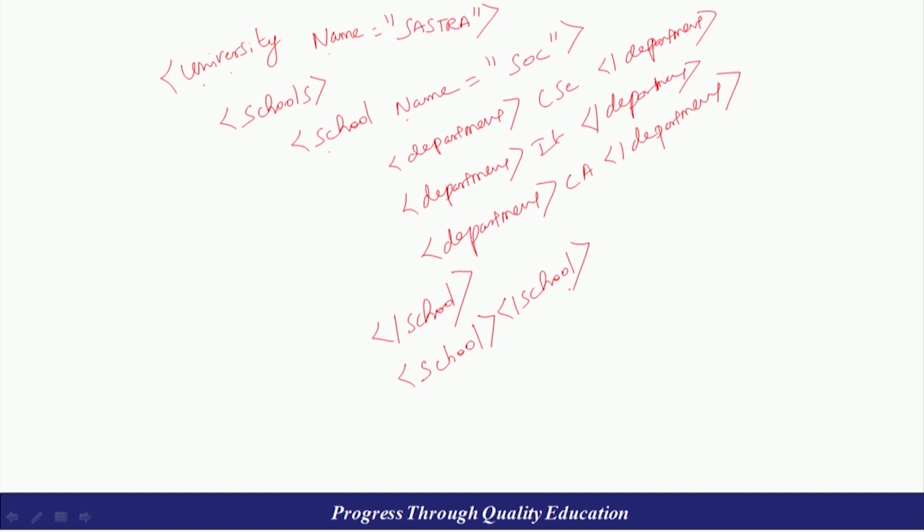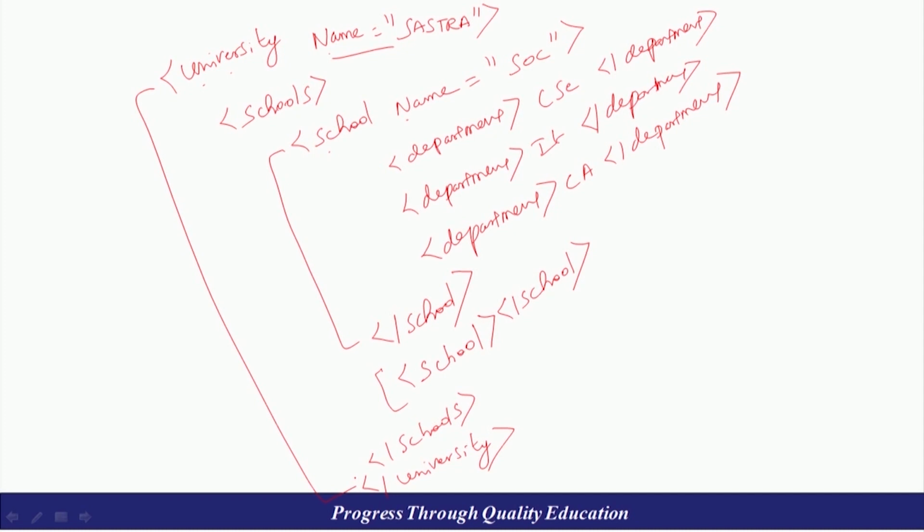I have this is one child and this is another child, and school has been closed properly, and also university also. Should I close the name? No, it's an attribute. Understand the differences between element and attribute.